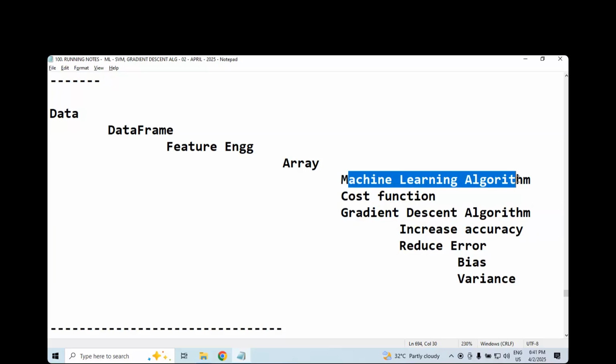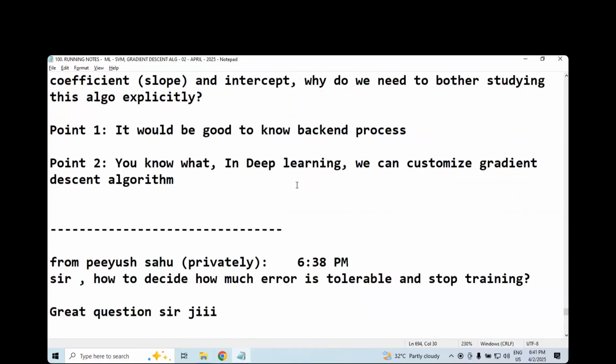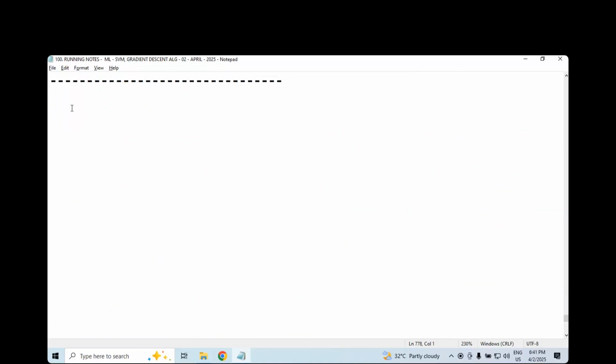Let me explain the whole process one more time. I'm talking about the gradient descent algorithm. First of all, it is also called an optimization technique.